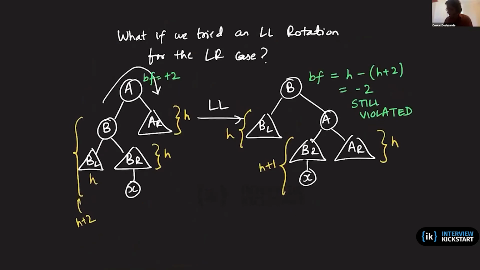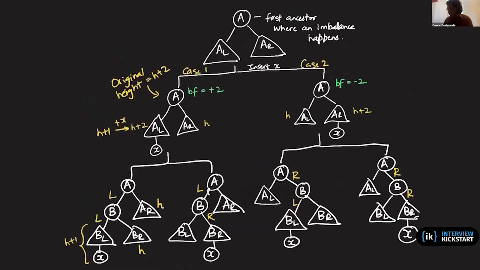If you go back to the diagram, you can also see that. We came into this case because the balance factor at A was 2. So if this height was h, this had become h plus 2 with the insertion of x. That means before the insertion of x, it must have been h plus 1. So with A, it would have been h plus 2. The height of the whole subtree would have been h plus 2.